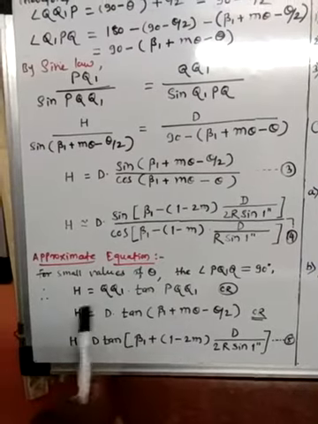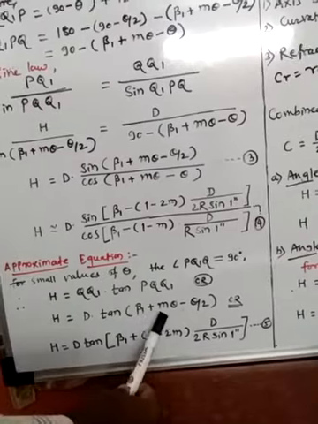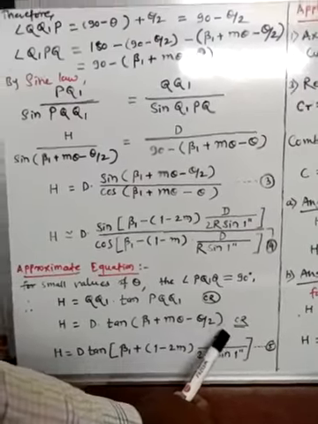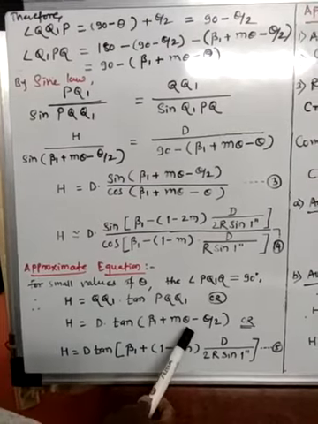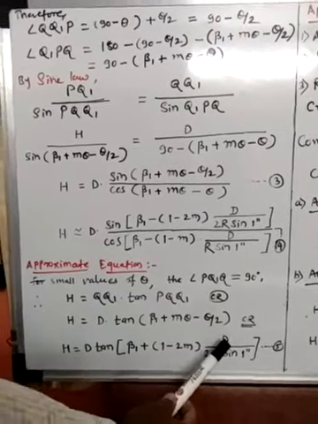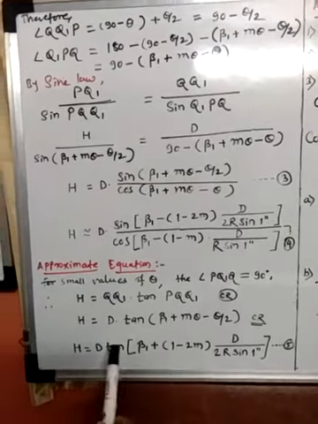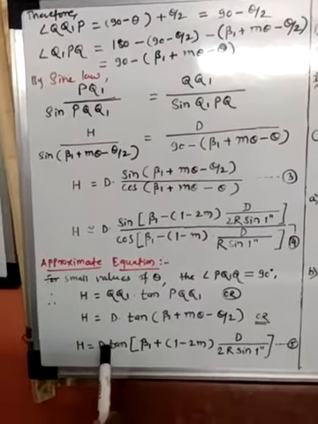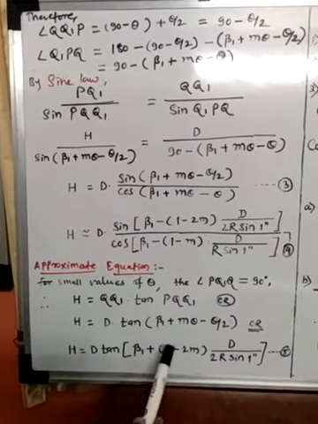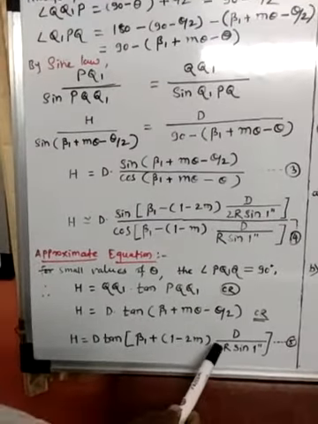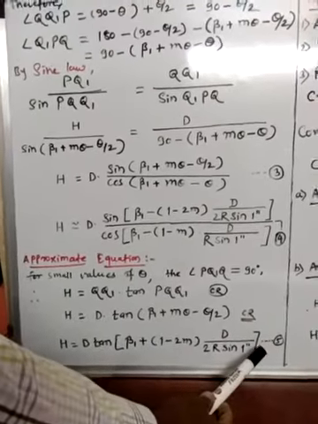Or the same equation can be written as H equals D into tan of (beta 1 plus m theta minus half theta). Or by putting the value of theta as D divided by r, it is given as H equals D into tan of (beta 1 plus (1 minus 2m) D divided by 2r sine 1 second).